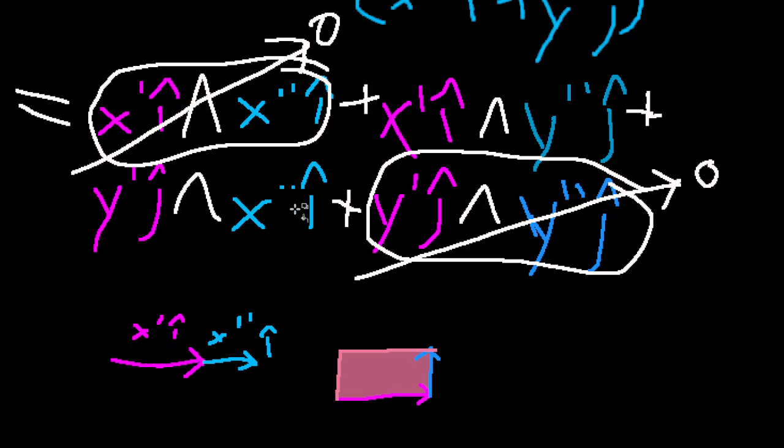So actually what we can do is, if you remember from earlier that the wedge product is anti-commutative, we can swap these terms.